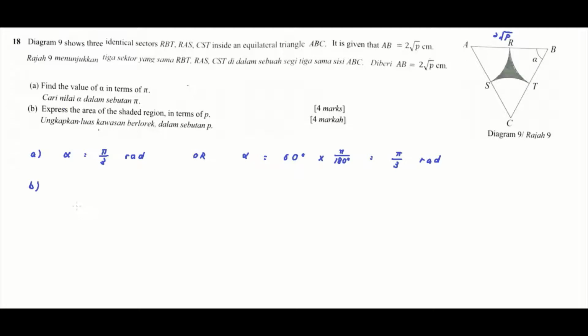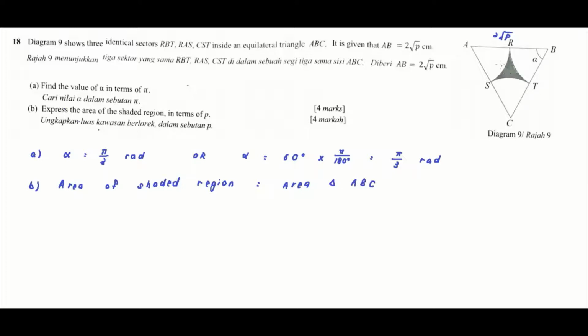Express the area of the shaded region in terms of P. So meaning the shaded region over here. For us to find the area of the shaded region, what do we need? As a bigger image, the first thing we need to find is the area of the triangle ABC.